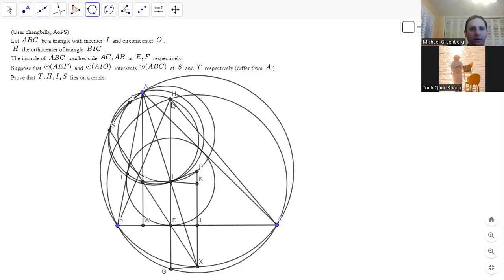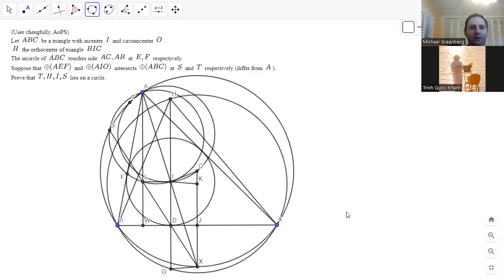I wonder if there's another point that circle passes through, like a special point. Invert at D with radius root DB times DC.